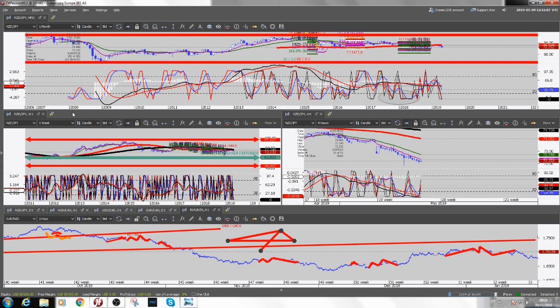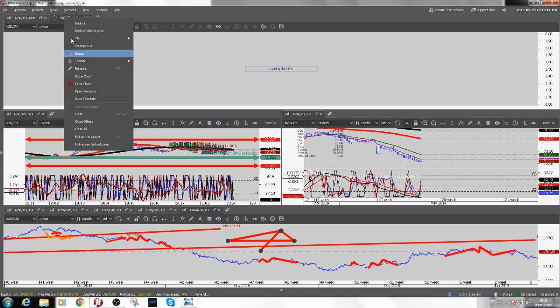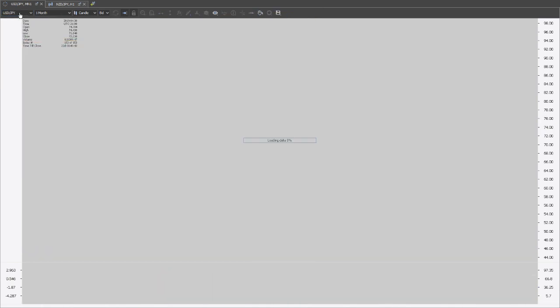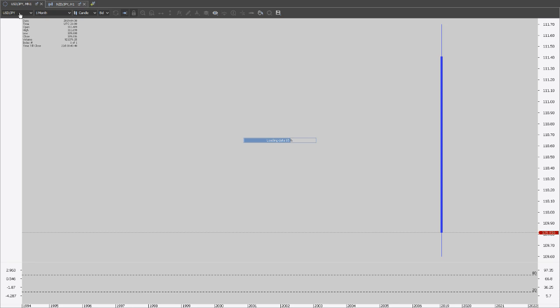Homework until tomorrow. Try to find crowns or crown reversals on the USD JPY daily chart. Okay, yesterday it was USD CAD, today is USD JPY daily chart.